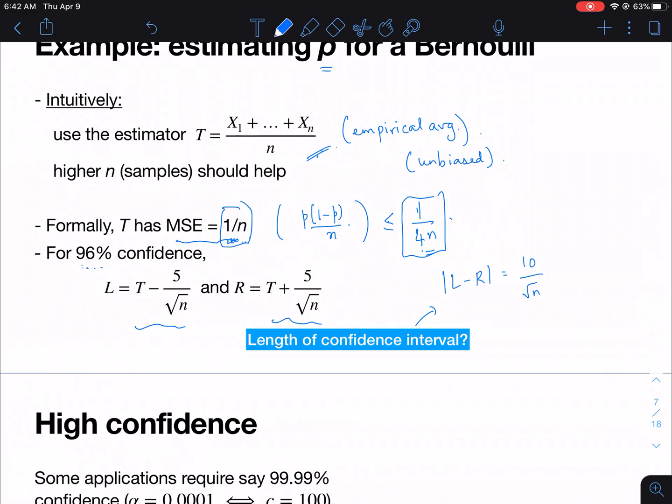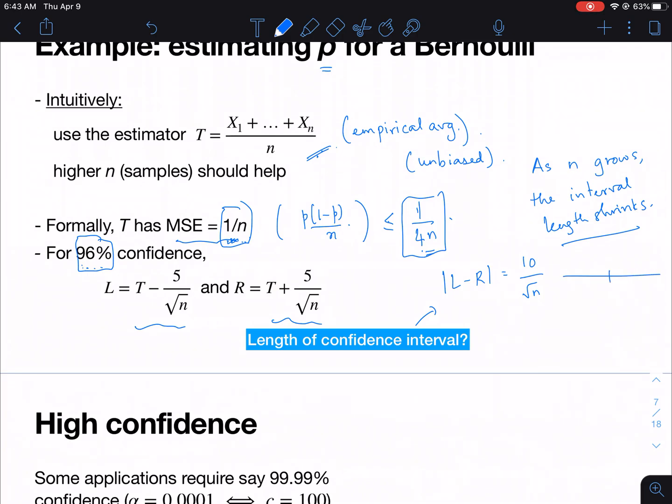The main observation I'd like to make is that as n, the number of samples, grows, the interval length shrinks. This assumes you care about the same level of confidence: I am fixing this 96% level of confidence and increasing n, and my confidence interval is reducing.